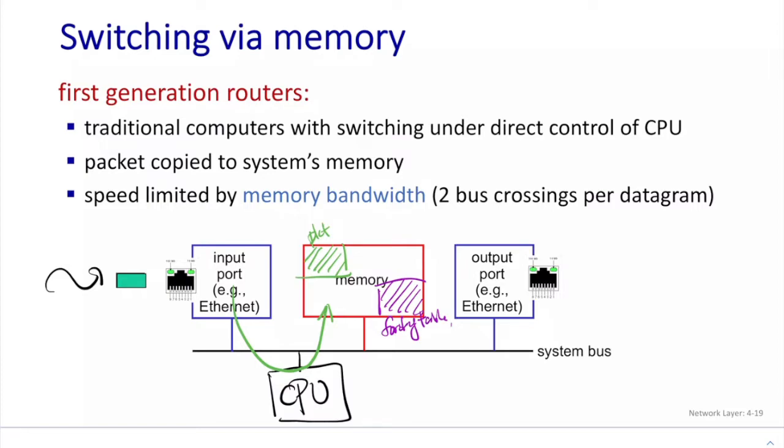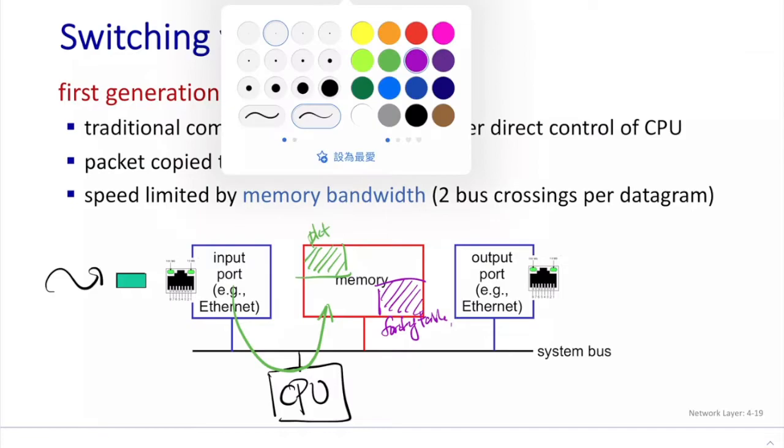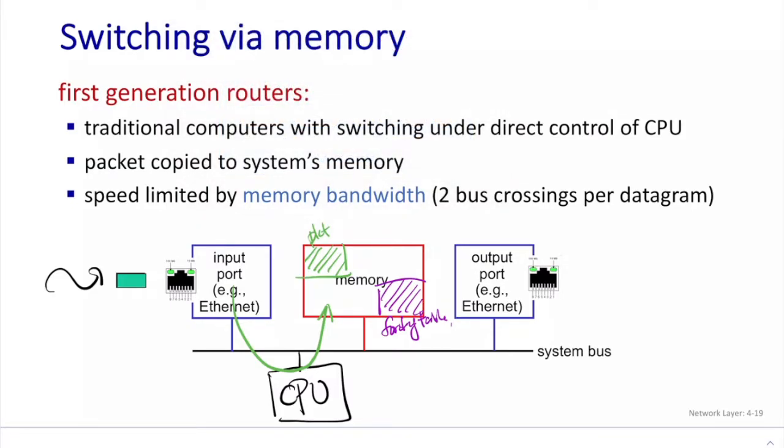The CPU or IC will check the packet against the forwarding table and determine which output port this packet should go to. Then the CPU or IC will again make a copy of this packet from the main memory to the output port, and the output port will send the packet out.